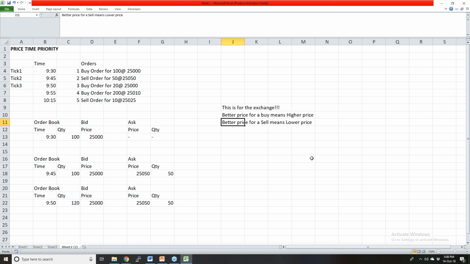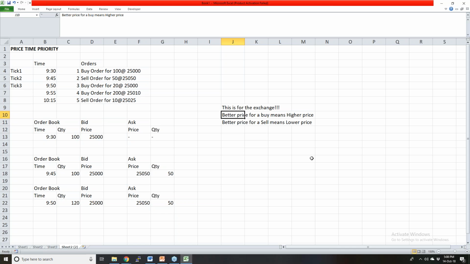So people are asking me to repeat price time priority. Price time priority simply means it is a matching system, right? It simply means, how will the exchange know which order to trade, right? So they will first match the price. For the buy, whoever has the highest price, that price would get traded first, right?